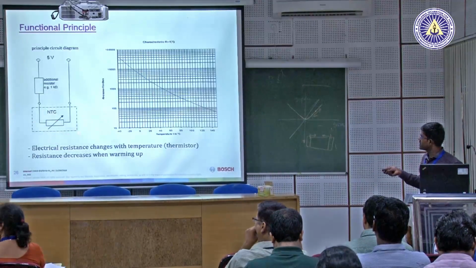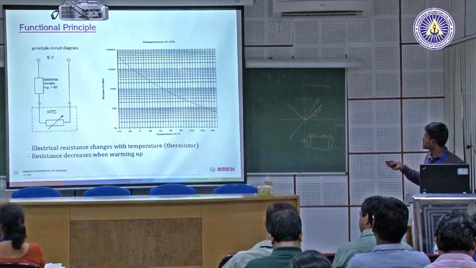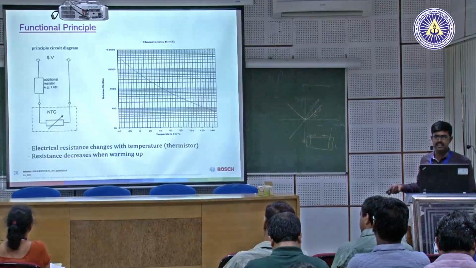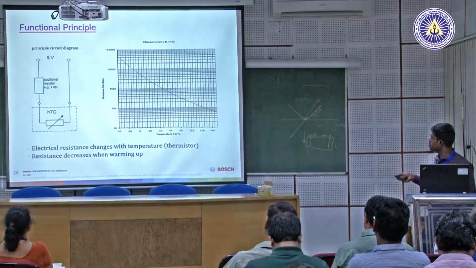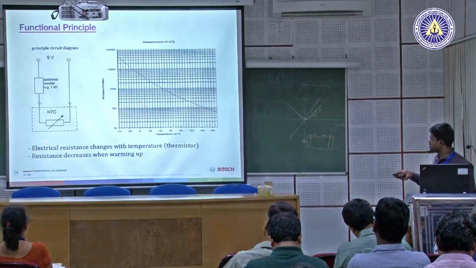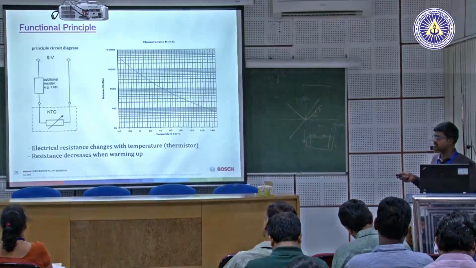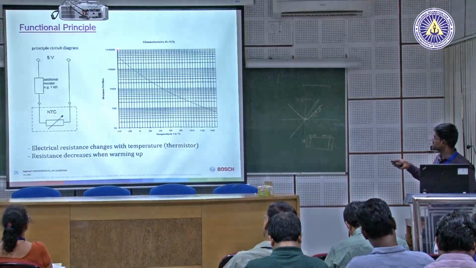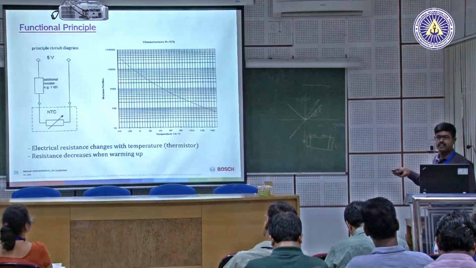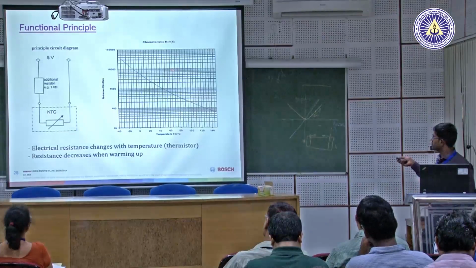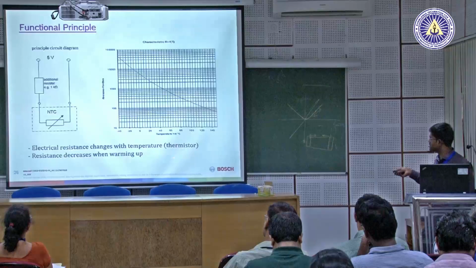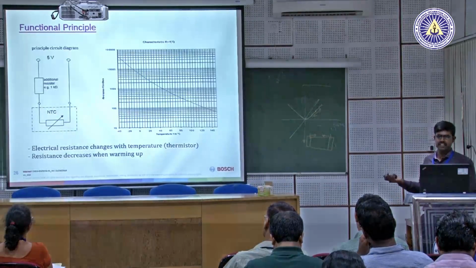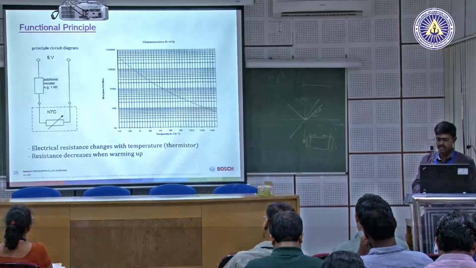So, based on this, again this is the characteristic curve, which is a standard characteristic curve for that particular NTC. So, this is calibrated in the ECU. Whenever the resistance is calculated at that temperature, that resistance is inputted in the ECU, and for that resistance the ECU will detect the temperature.